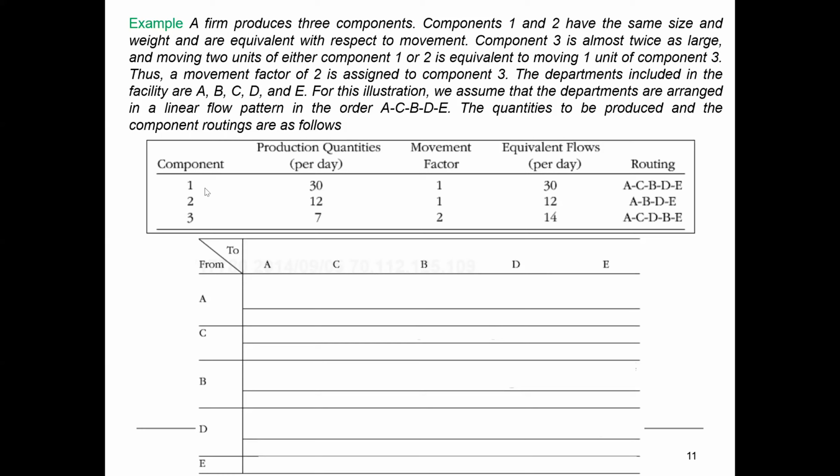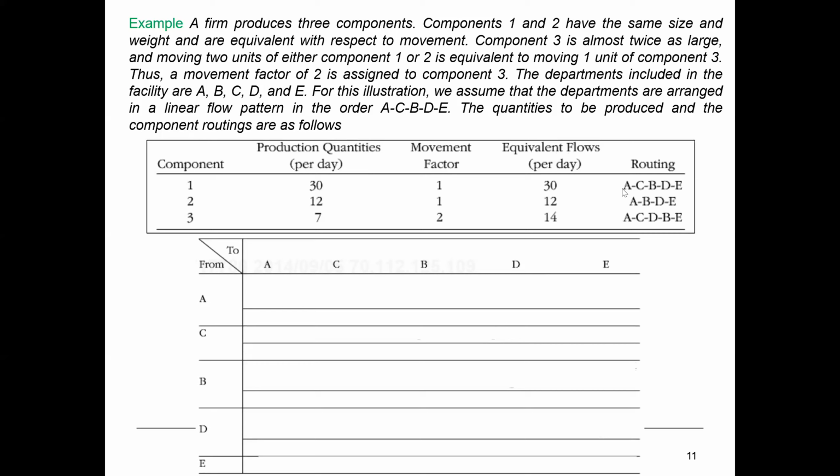So we have component number 1, which has a production of 30 per day, and as the example states, a movement factor of 1. So the equivalent flow per day is 30 times 1, 30. And this is the routing for component 1.